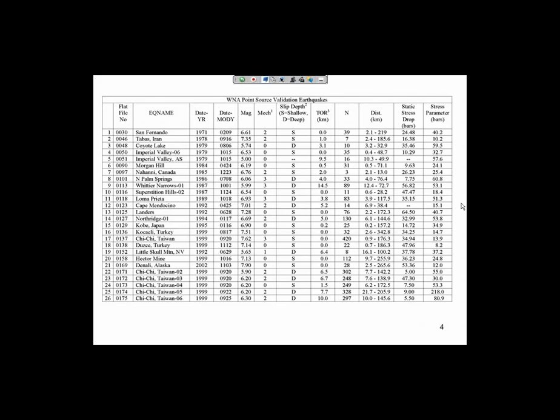So, in really simple terms, the equivalent point source distance that goes into the stochastic model is, in one case, a rupture distance. Is that correct? As opposed to a Joyner-Boore distance with a depth to top. And those are two different things. Right.